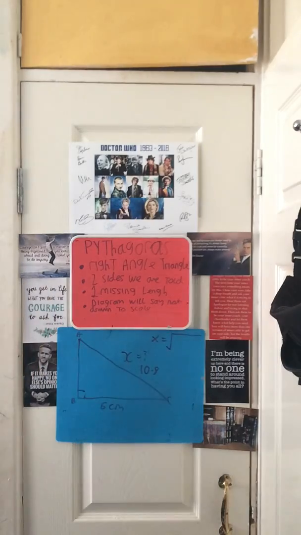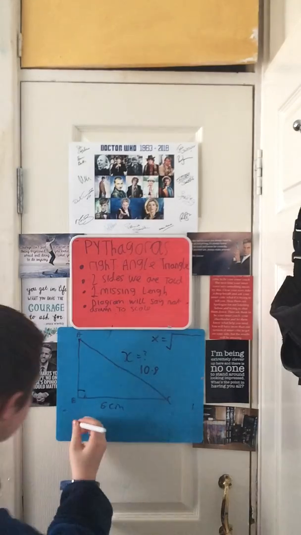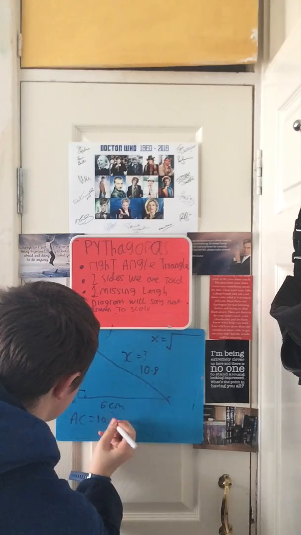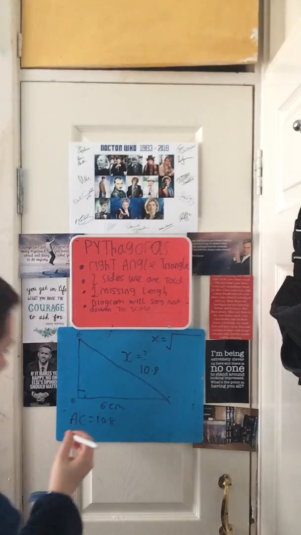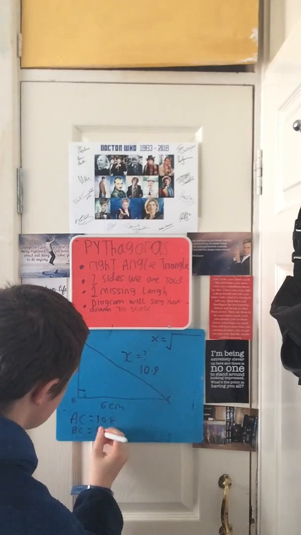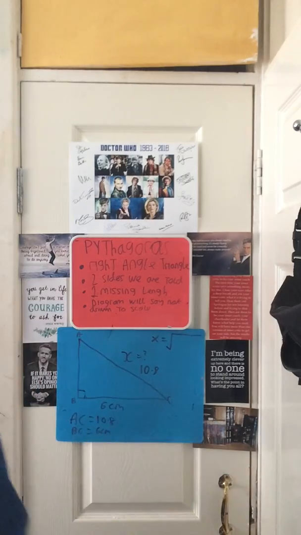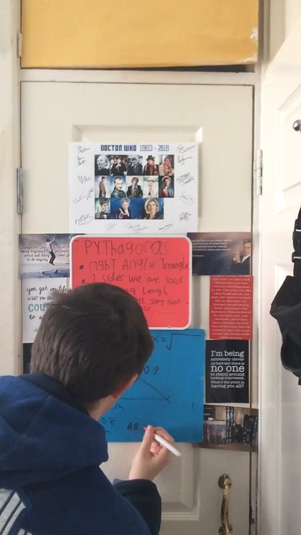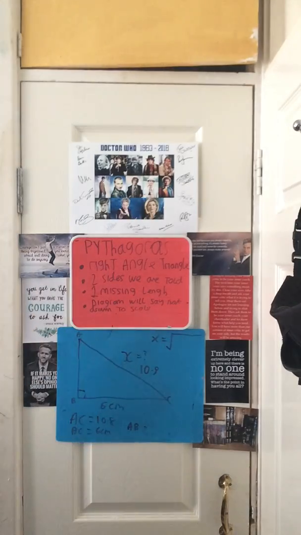Now in this question, we know AC is 10.8, and we know that BC is 6 centimeters. If we want to work out what AB is now, we're going to have to use the same formula.